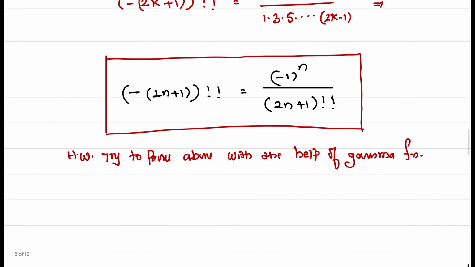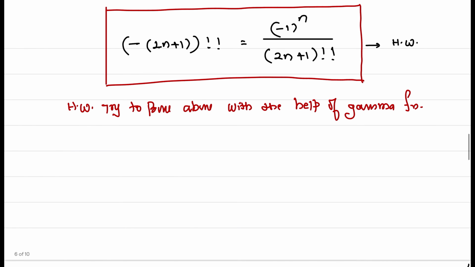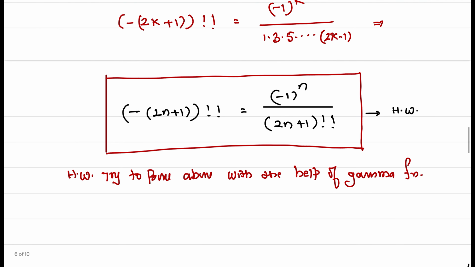This particular formula, please treat it as homework and prove it. If you have any difficulties, please put a comment so that I will send the proof to you. It's very simple.